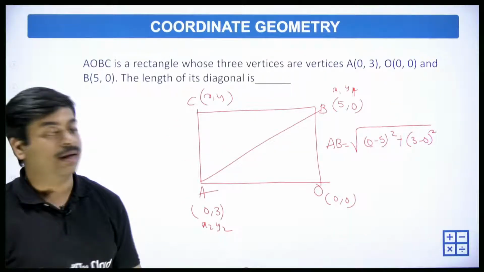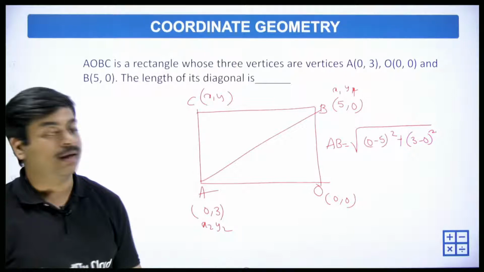So 0 minus 5 whole square is 25, plus 3 square is 9. Root 25 plus 9 is root over 34. So root 34 units is the length of the diagonal AB as well as the length of the diagonal OC. Even the OC length will be root 34.